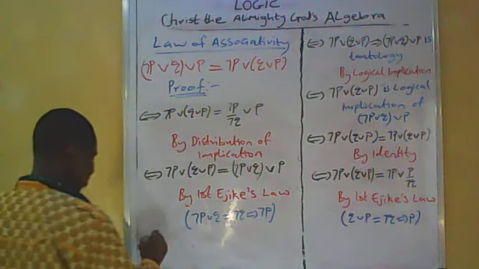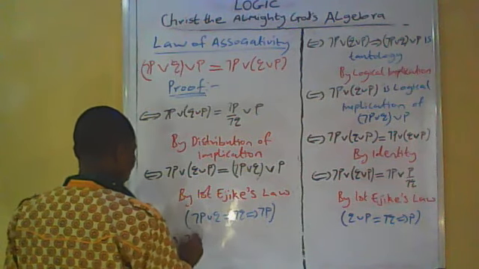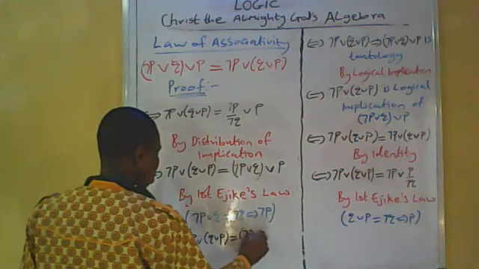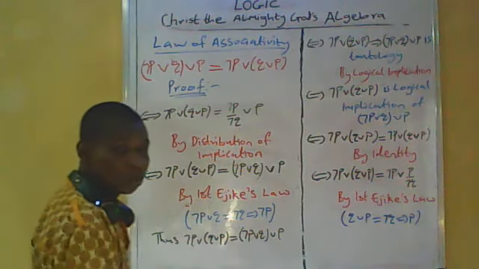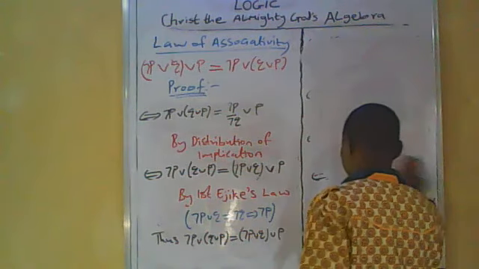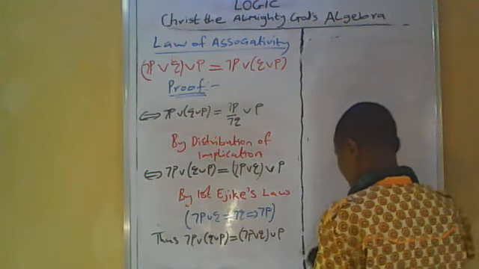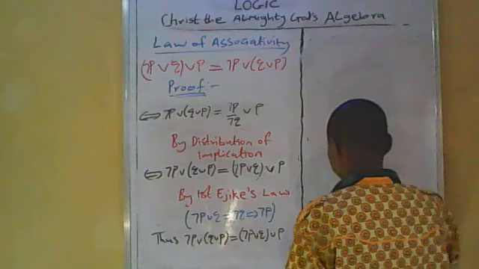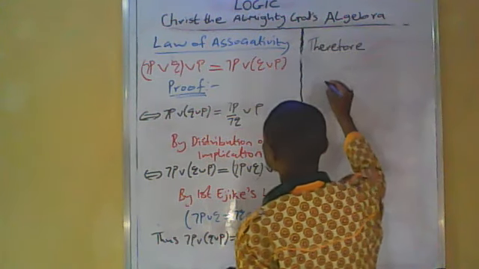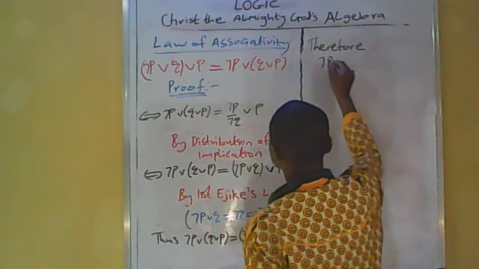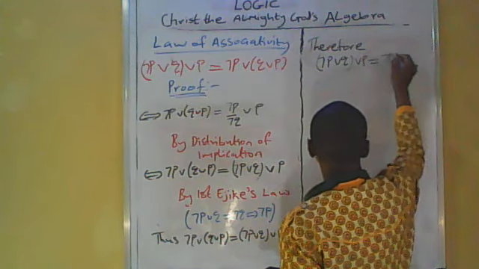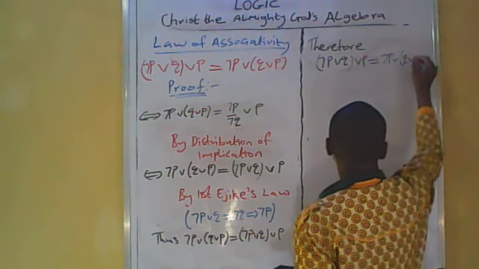Thus not P or (Q or P) is equal to (not P or Q) or P. We then conclude: therefore (not P or Q) or P is equal to not P or (Q or P).